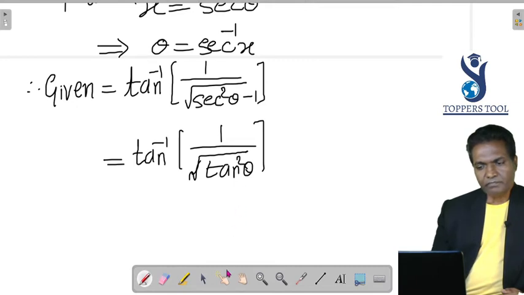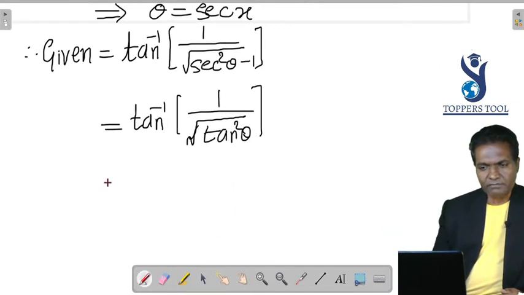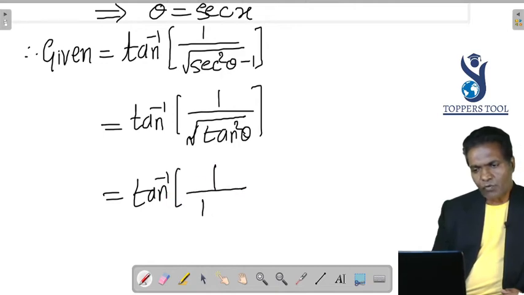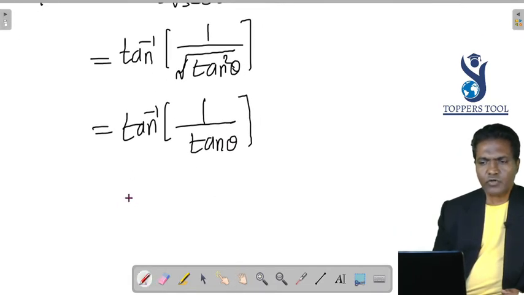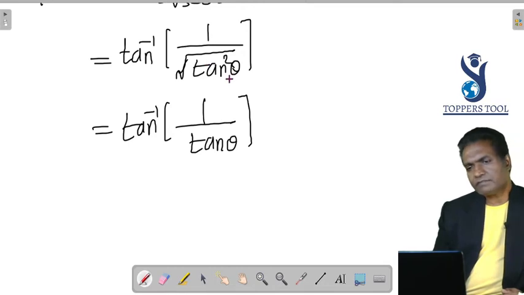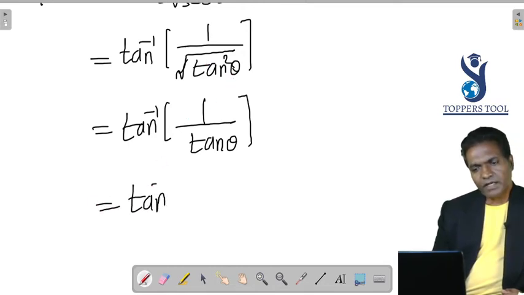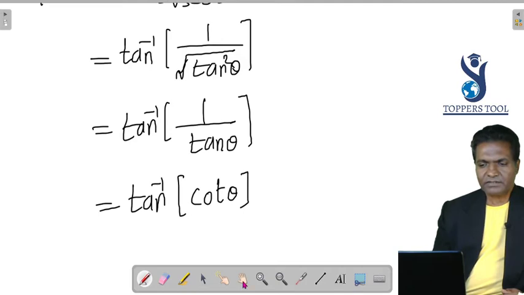So now you have to write, this is tan inverse of 1 by tan theta, because square root of tan square is tan theta. It is tan inverse of 1 by tan, which means cot theta.